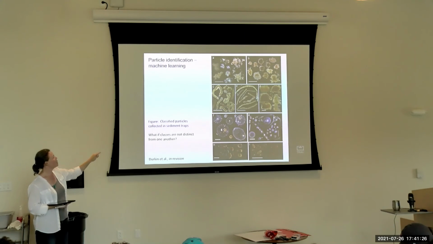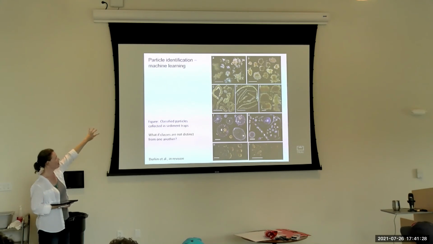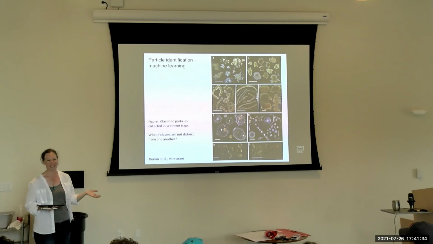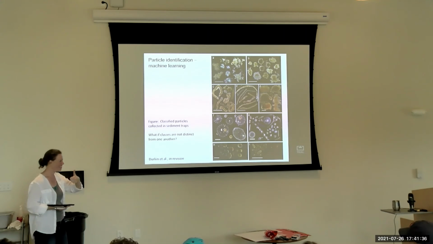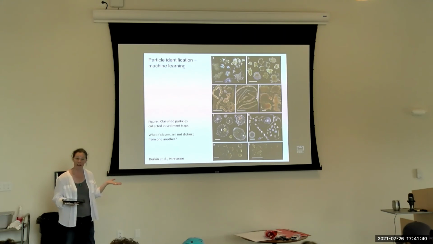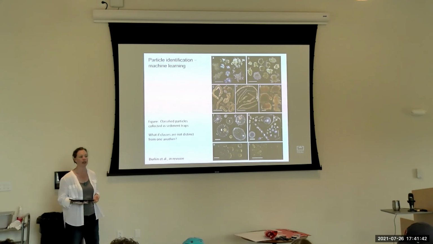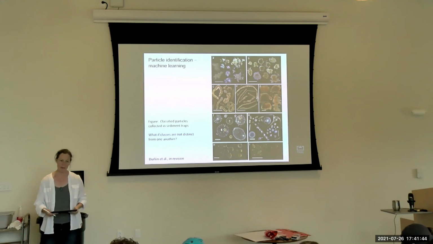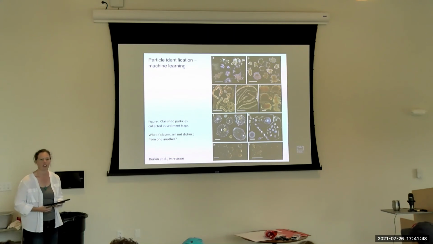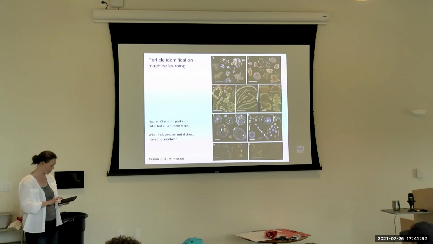There's a continuum as you go from a degraded, loose, falling apart aggregate all the way to a fresh, intact fecal pellet. So what if the classes aren't distinct from one another? There's a whole different problem that arises there. And this may be especially true if you move into the physiologic or away from just looking at phytoplankton, well-defined classes.